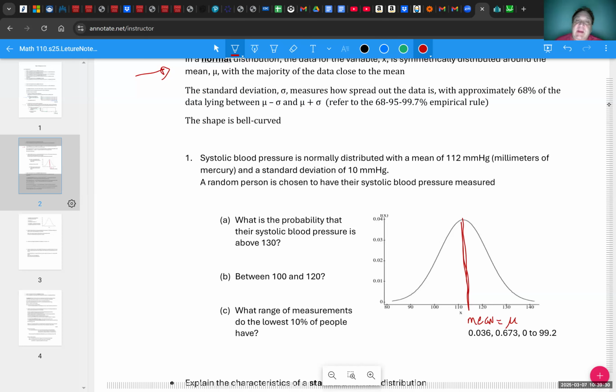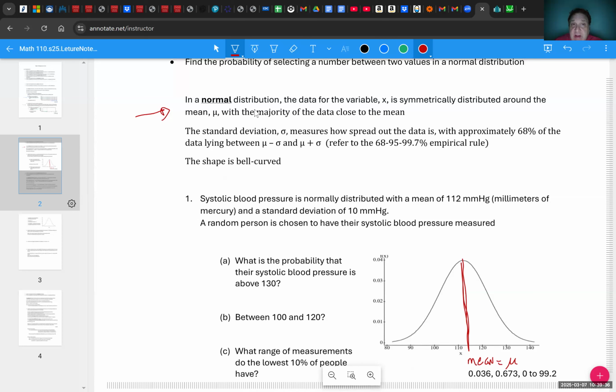Most of the data is close to the mean, so most of the data is somewhere right around the mean here. Okay, so that's what we mean by that.